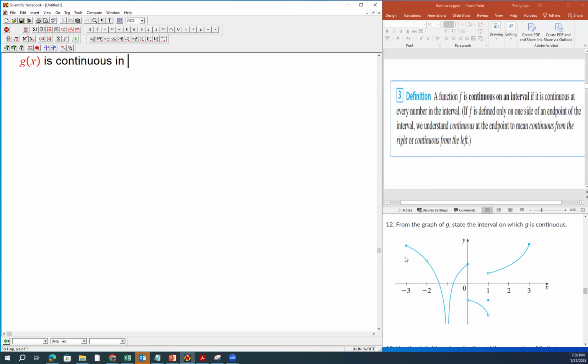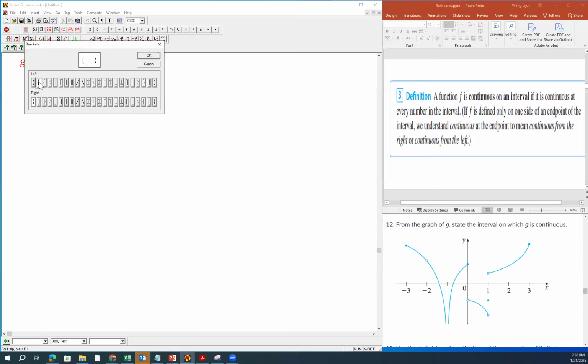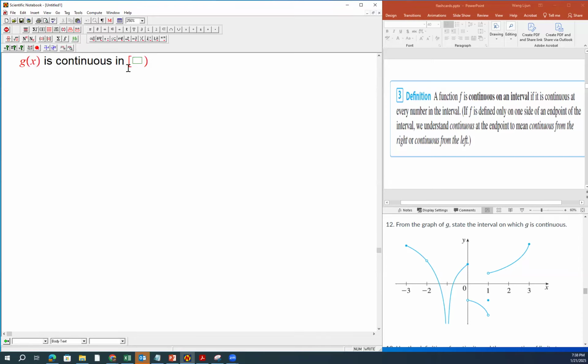Between -3 and -2. Well, on the -3 side, obviously it's right continuous. On -2, it's not defined. So the interval will be closed open: closed on the -3 side, open on the -2 side.